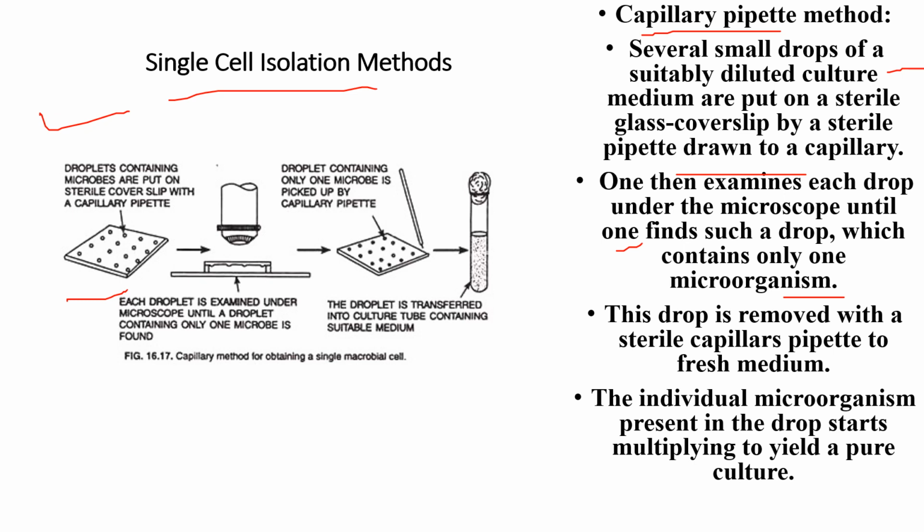Later on, after finding the suitable drop, we will collect that drop using a capillary pipette and transfer it onto the culture plate. And later on, that cell in the drop will start multiplying, and through this method we can isolate pure culture.